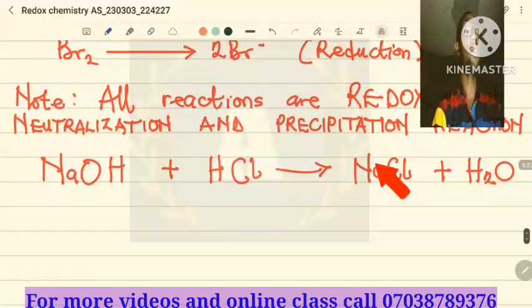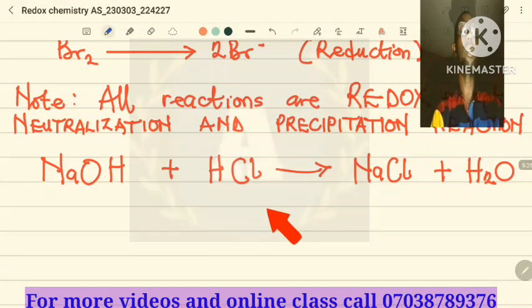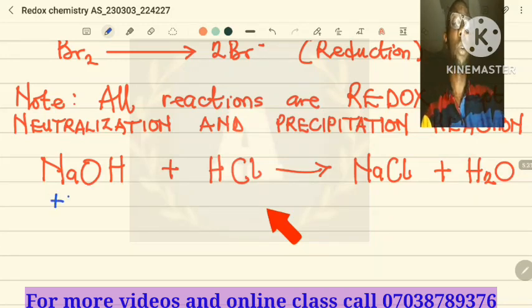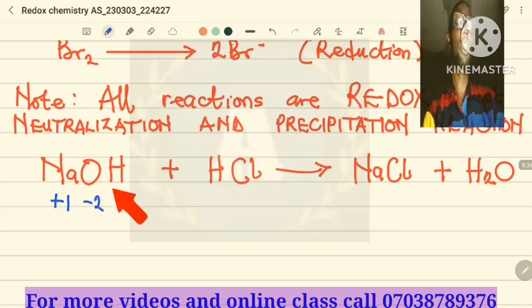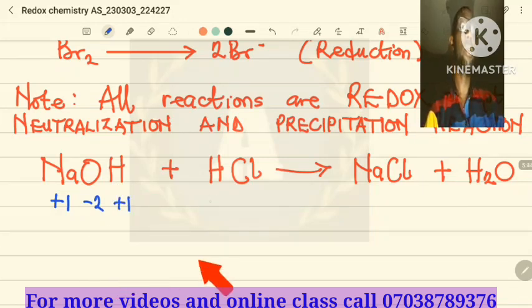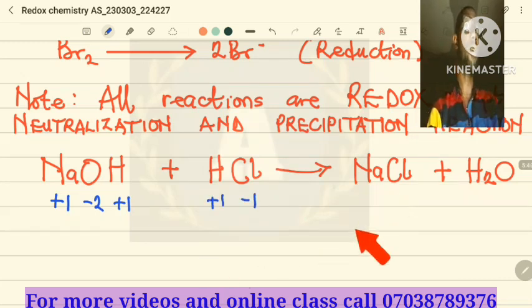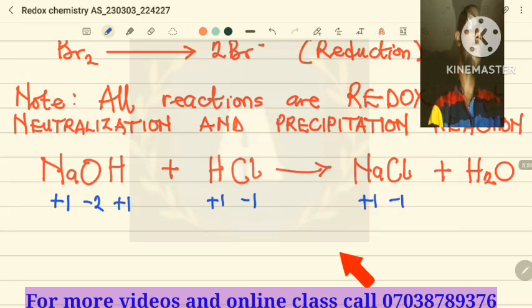Now there is no loss or gain of electron in any way here. The charge on sodium is +1, the charge on oxygen is -2, and the charge on hydrogen is also +1. Hydrogen here is +1, chlorine is -1. Then at the product side, we have sodium +1, chlorine -1. Hydrogen here is +1 multiplied by 2, which is +2.